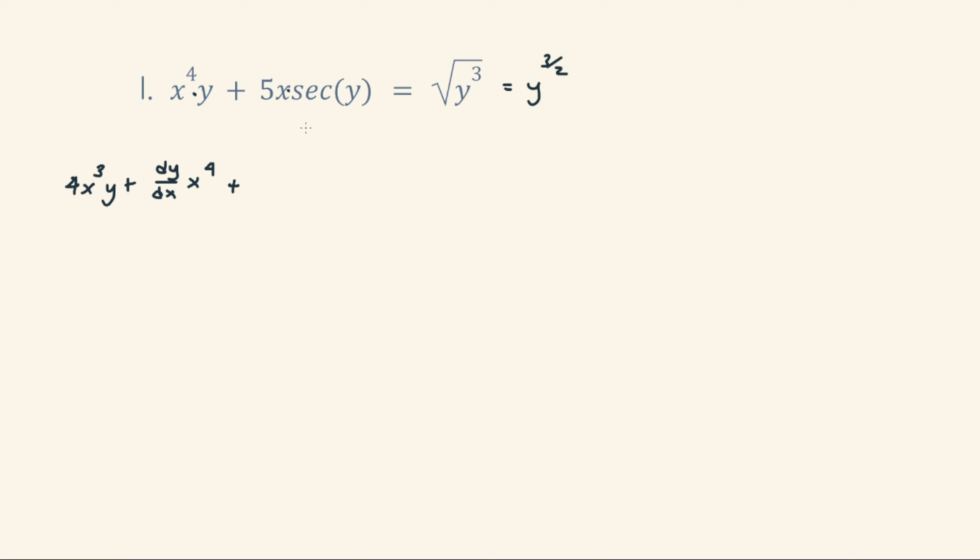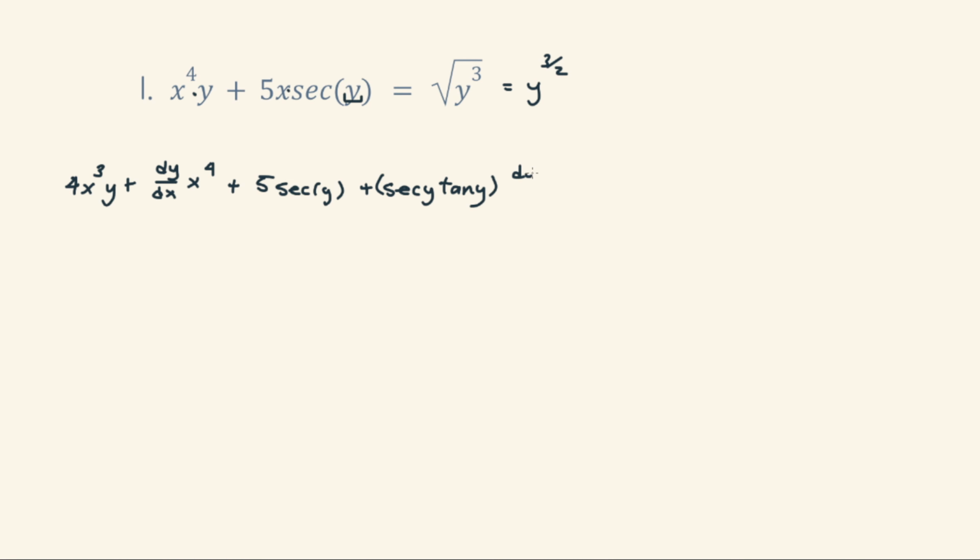Then we add that to the derivative, again, of just 5x first, so that's just going to be 5 times secant y. Then we add that to the derivative of my second function, so that's going to be sec y tan y. And then the derivative of y, because of chain rule here, right?